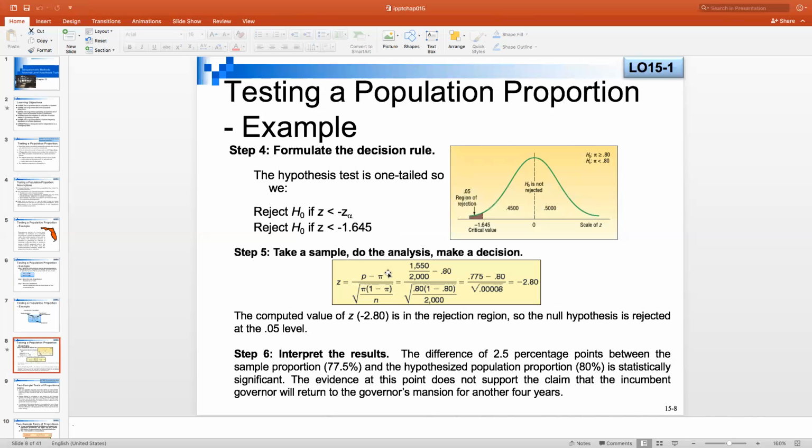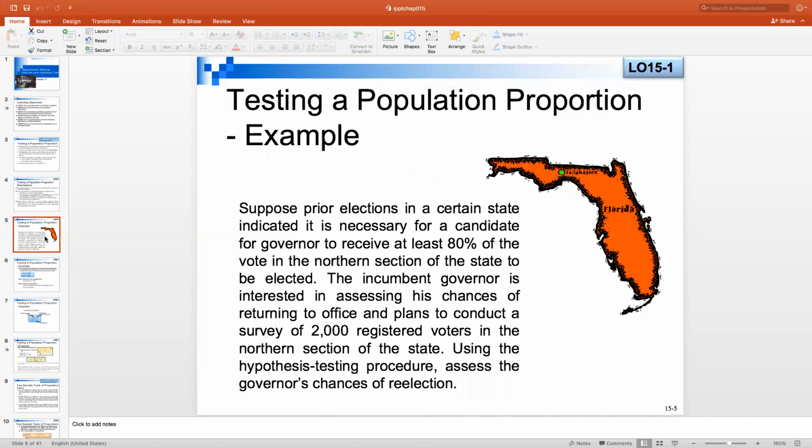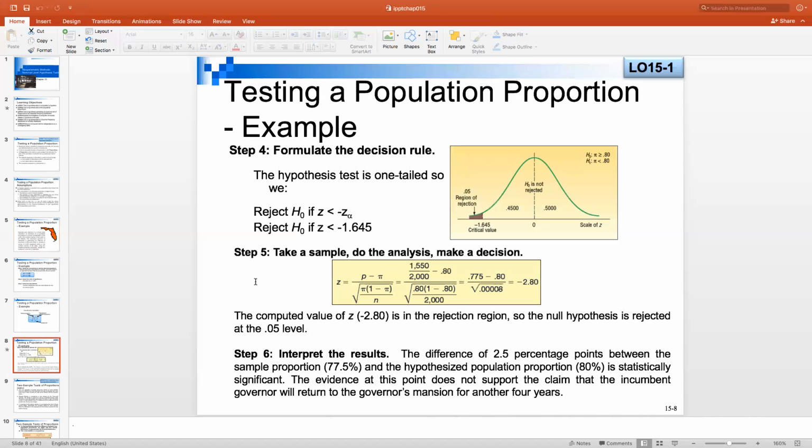And with our P, what is being said? Well, we know what 2,000 is. That's the number of people in the sample. 1,550, though, must be what? The amount he needs to, well, that must be the 1,600. Because it doesn't say 1,550 here. Yes. So what can we assume that is?